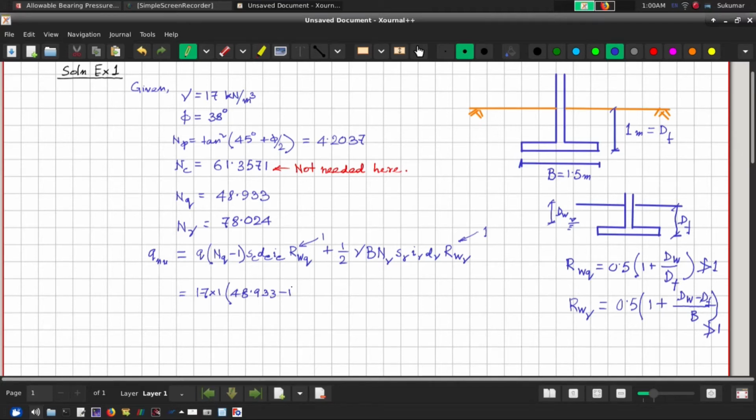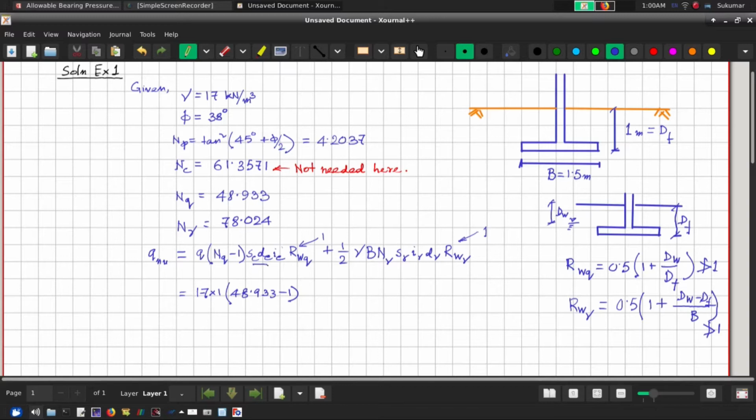minus 1, and since it is a strip footing, this will be 1, then shape factors will be 1, depth factors we will not consider, and since nothing is mentioned about the inclination of the load, we will assume a vertical load, and therefore inclination factor will also be 1.